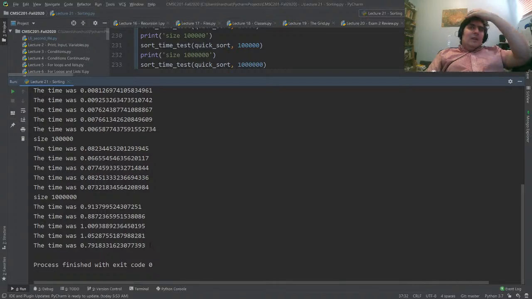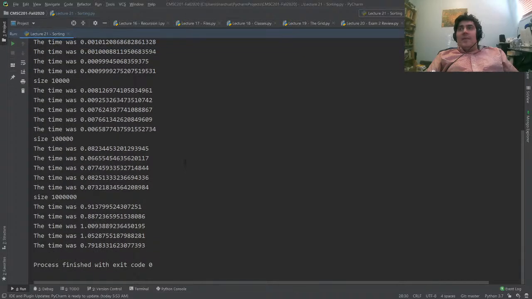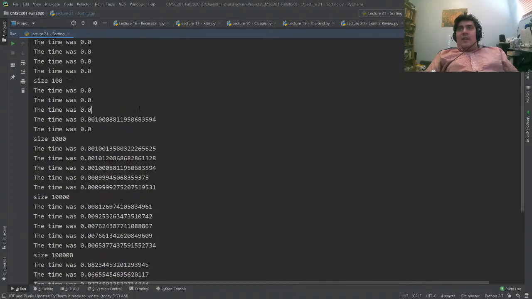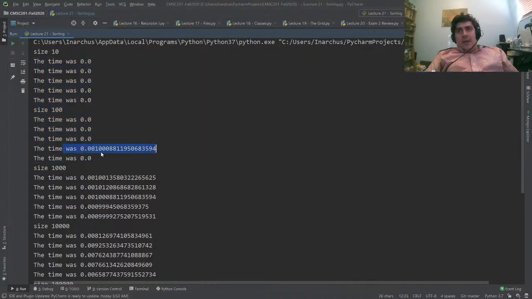Okay. So, let's look at the times. Let's just admit that any of these times are probably garbage. So let's not look at this time. If you notice here, this seems to be kind of close. Like these times here versus this time here, it doesn't exactly match up.